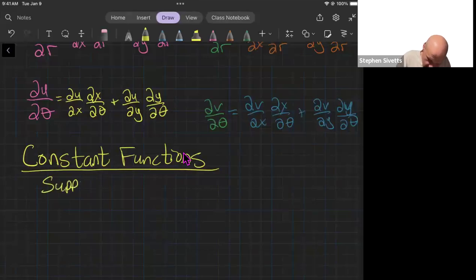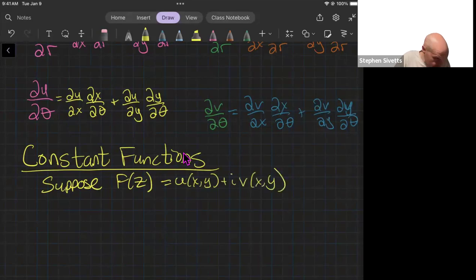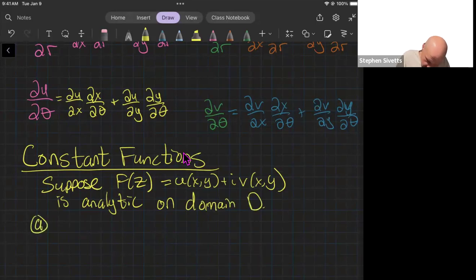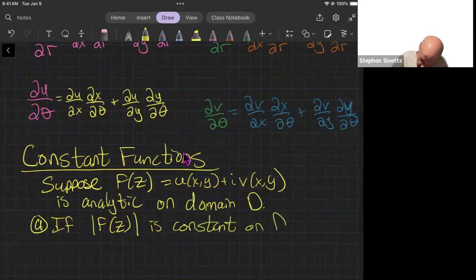Suppose f of z is analytic on a domain D. If the modulus of f of z is constant on D, then so is f of z.